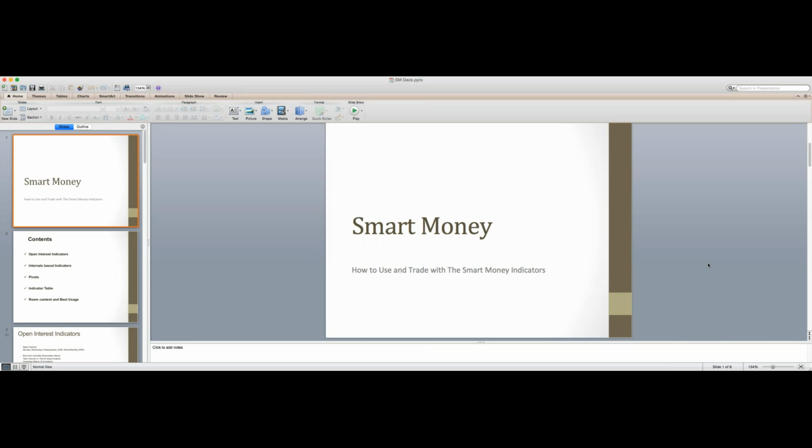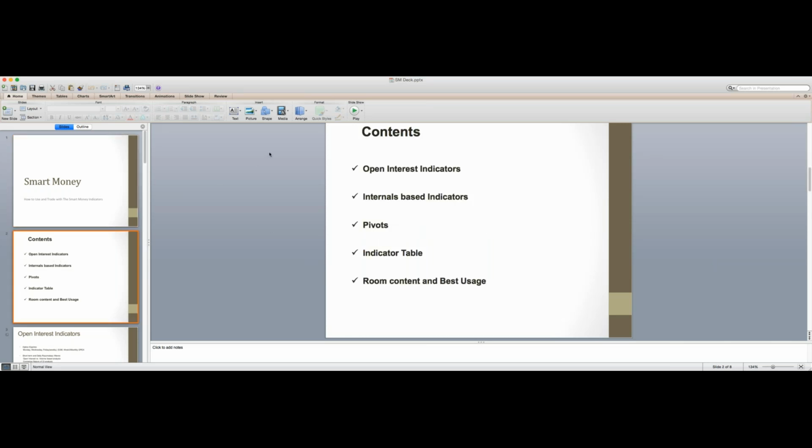We will be going over the smart money room indicators and how best to use them and trade with them from my perspective. Okay, so let's jump in. First of all, we'll be looking at the open interest indicators or the razzmatazz indicators. Then we will be looking at internal based indicators, where the NYHL and the secret indicator will come in.